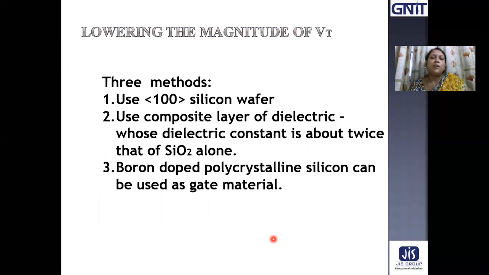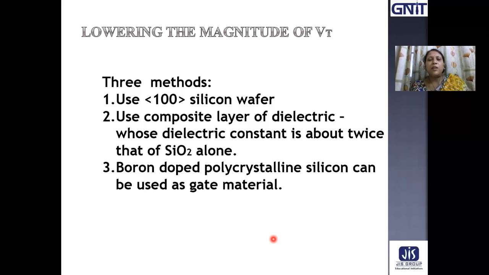One is that the silicon wafer should be of 100 type. That means low packing density. If the packing density is low, then the threshold voltage can be reduced. But if the packing density is high, that means if we use 111 silicon wafer, then much more voltage is required to exceed the V threshold.